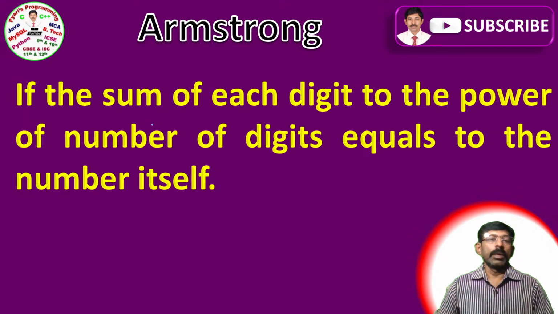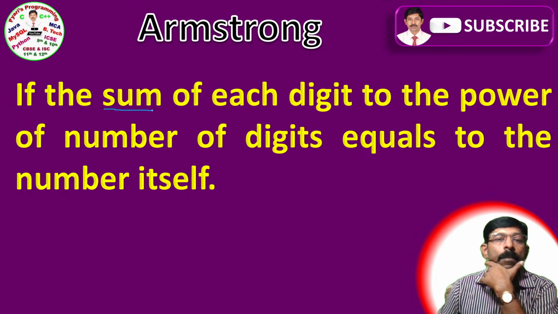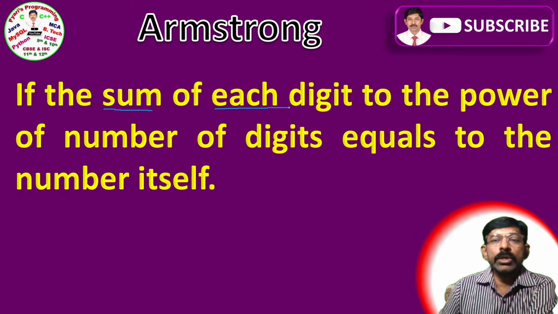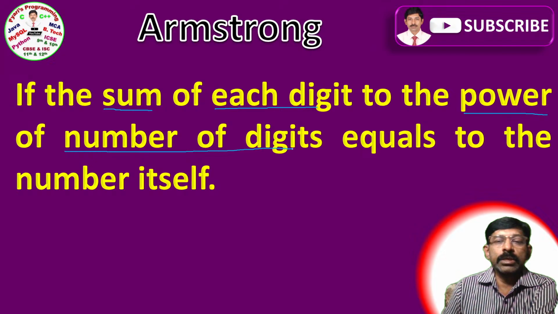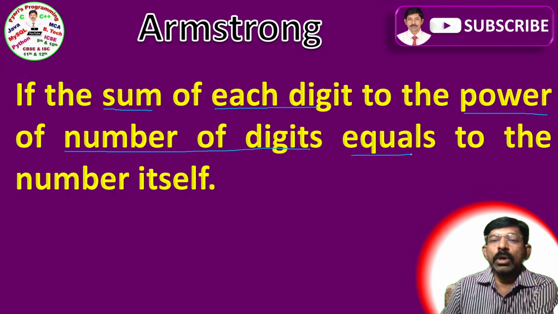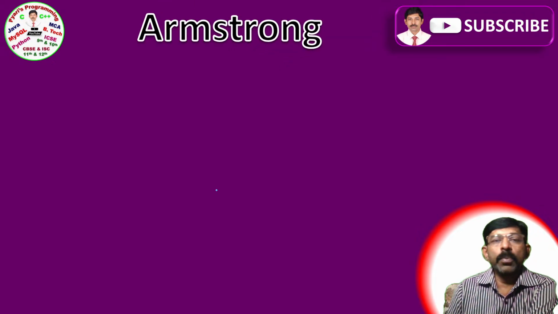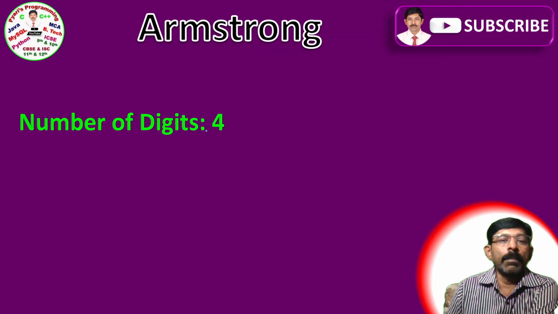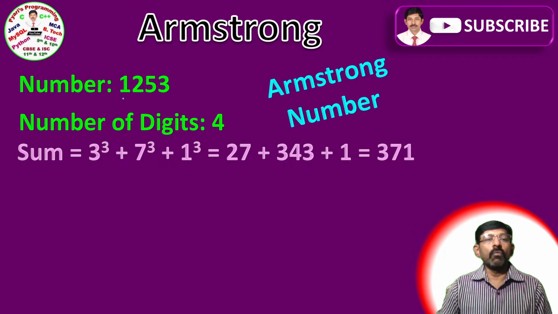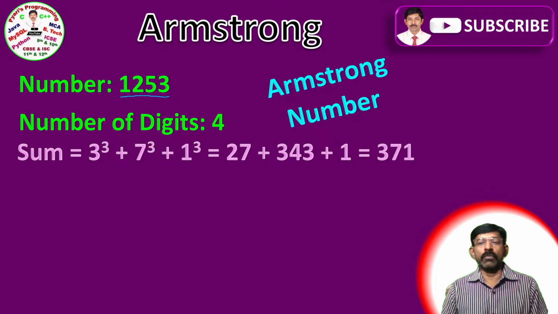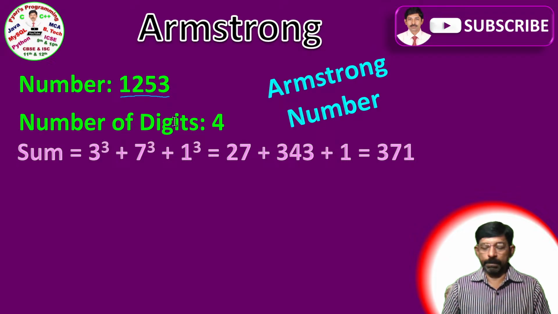Armstrong number: if the sum of each digit raised to the power of the number of digits is equal to the number itself. Suppose I have taken a number 1253. How many digits are there? 4 digits are there.